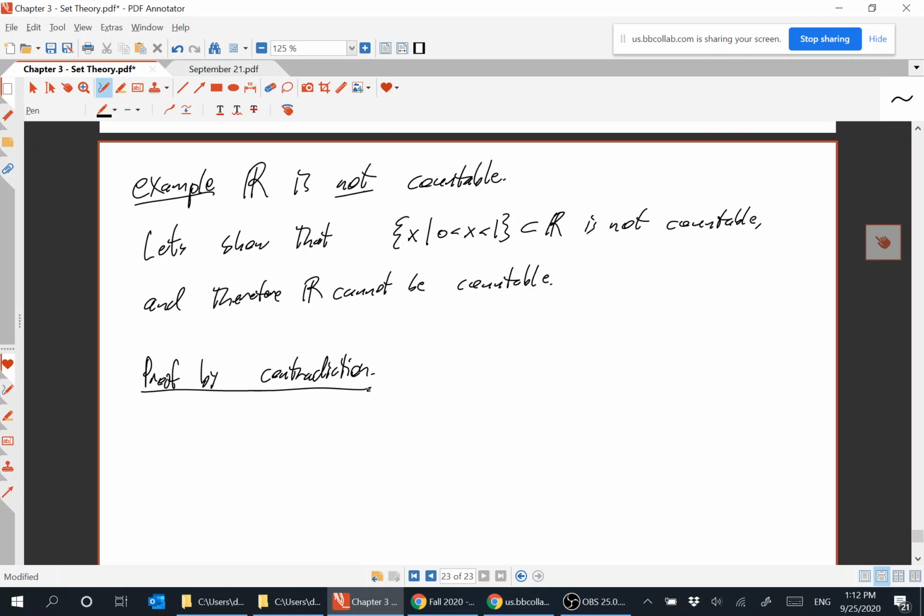Okay, every real number between 0 and 1, so what should we call this?